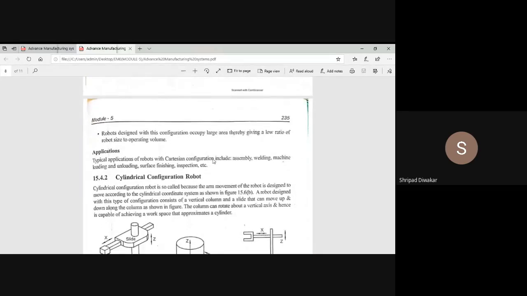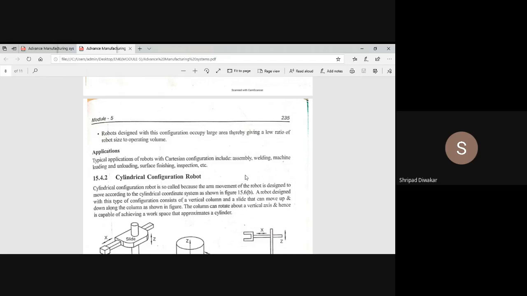As I said, this robot plays a very important role in applications. Cartesian configuration robots are mainly used in assembly of machine parts. Next, welding. Robots can perform welding, and then machine loading and unloading. Such a robot is called a pick and place robot, meaning machine loading and unloading, surface finishing operation, and inspection operation.